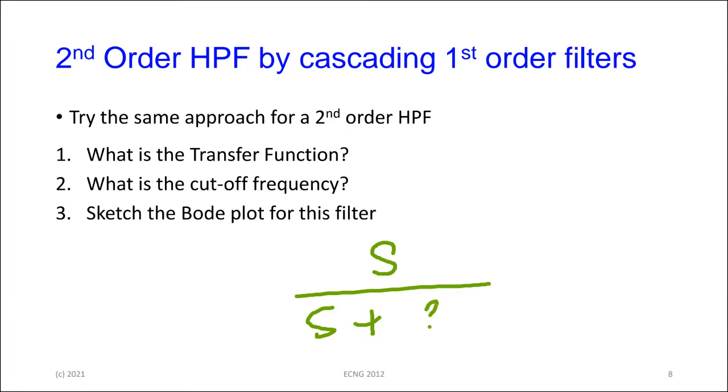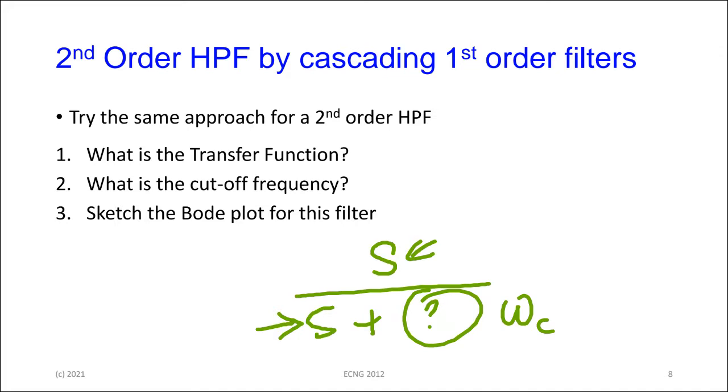S plus something, that's the standard form. Of course, you know that in the case of the low pass filter, that something is actually the cutoff frequency. This is just a rearrangement of what we are accustomed to doing. So the high pass filter has 1 zero and 1 pole. The low pass filter has no zeros and 1 pole. Okay, the first order section.